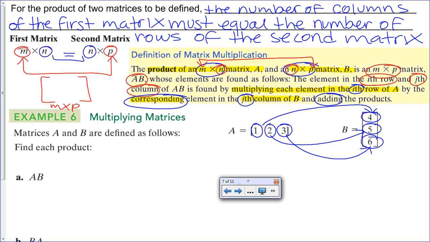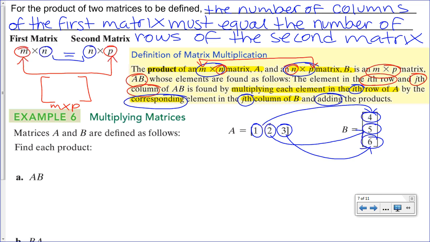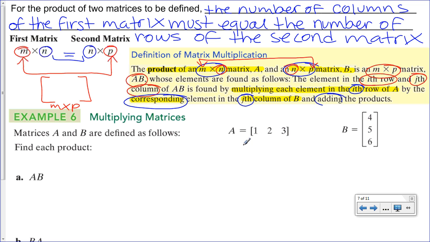So let's do a couple of simple multiplications, and remember that matrix multiplication is not commutative. So let's write that down.